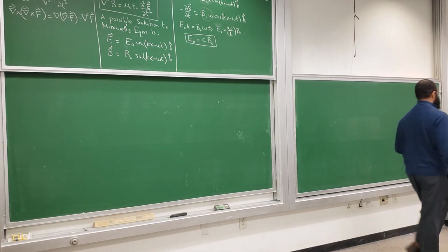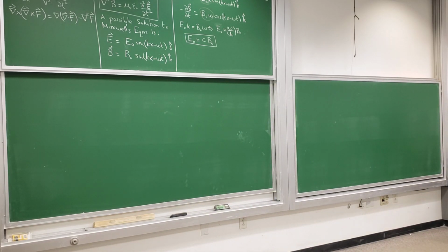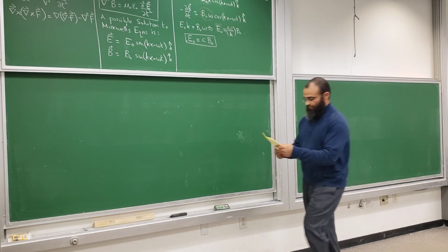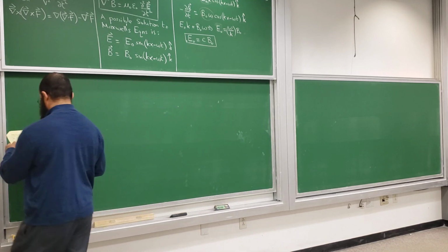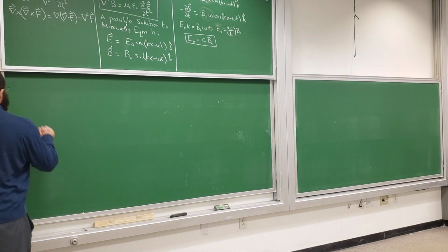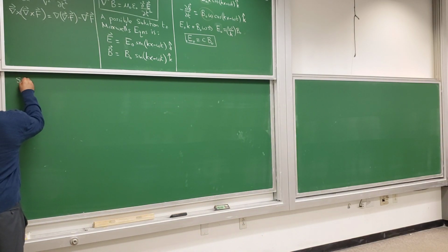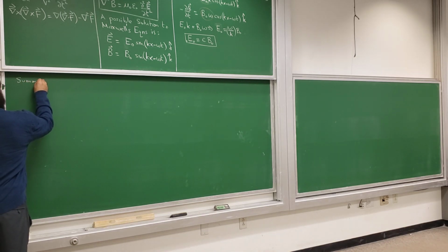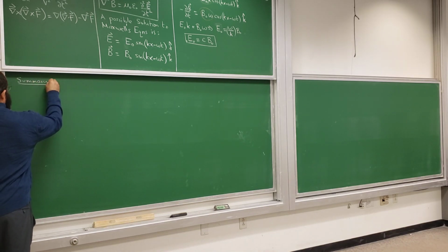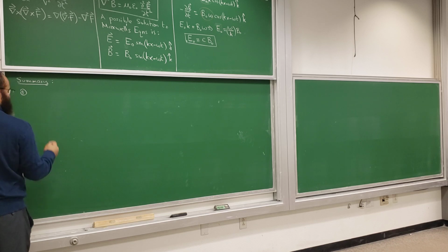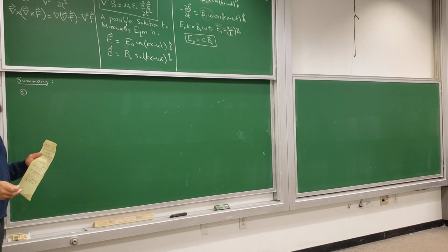So let's summarize all of this stuff. Here is the summary of what we saw. Number one, the electric field is perpendicular to the magnetic field.